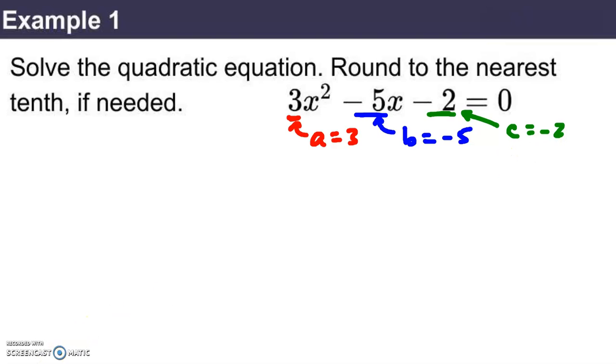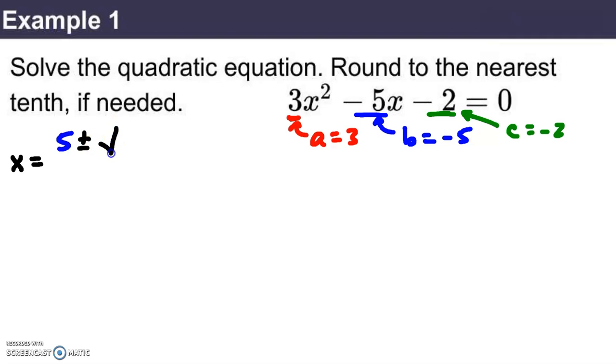All I need to do now is to plug into the quadratic formula those values for a, b, and c. So x equals the opposite of b. The opposite of negative 5 is positive 5. The next symbol is the plus and minus sign put together in one, and we'll talk more about what that means in a minute.